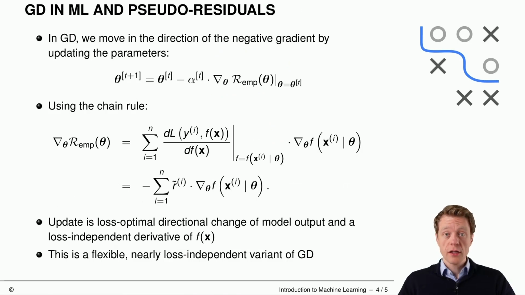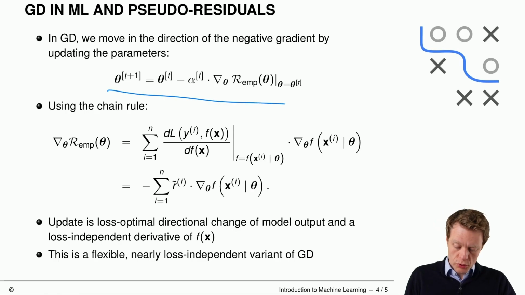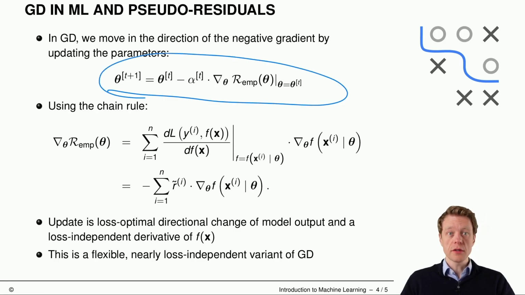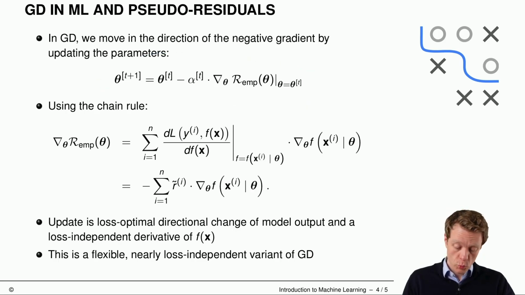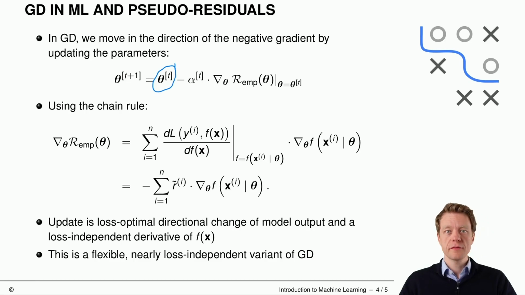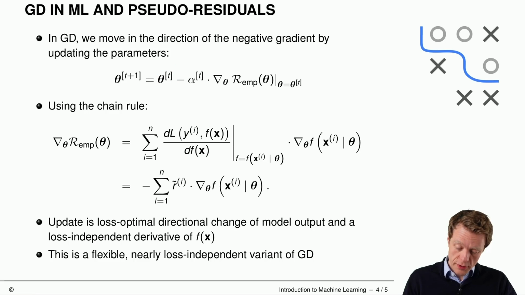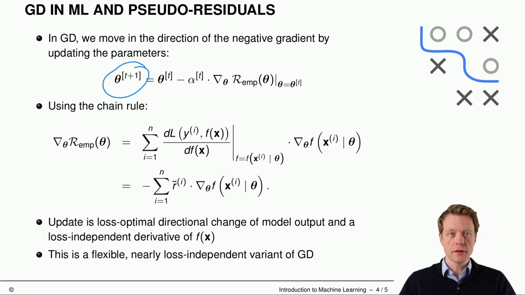Let's have a look at gradient descent more or less again. Now we speak about parameters theta, not about functions f. And what you see here is the usual definition of gradient descent, right? So we have a parameter specification at time point t, and we want to find a new parameter specification at step t plus 1 in the optimization procedure.